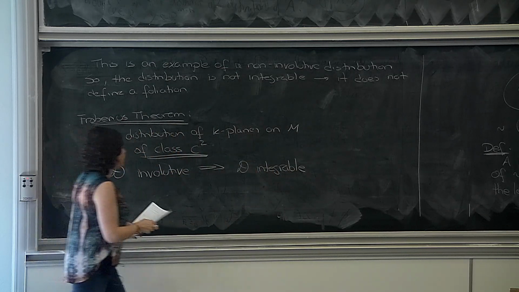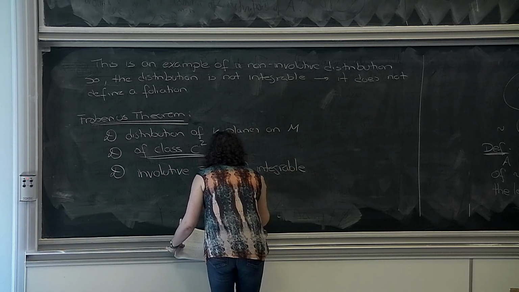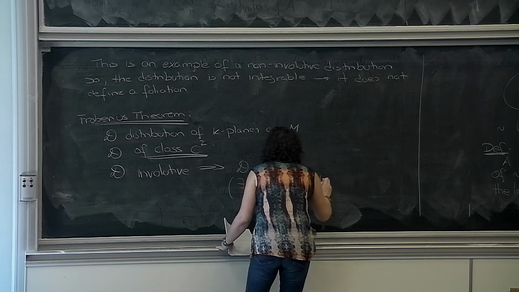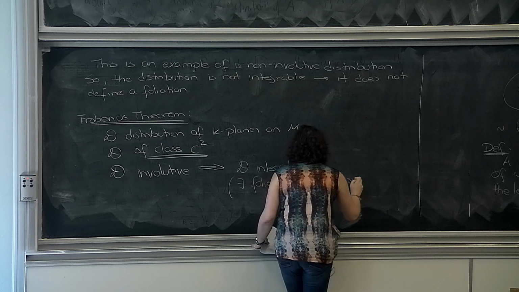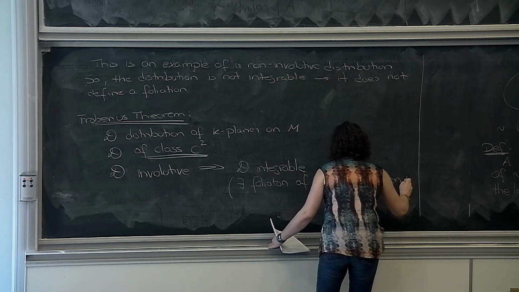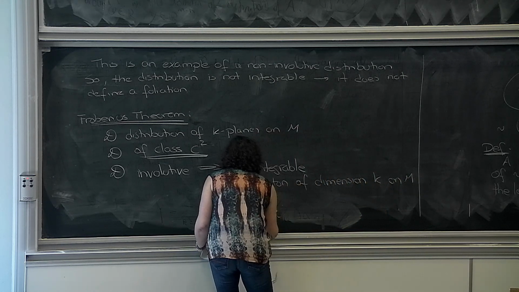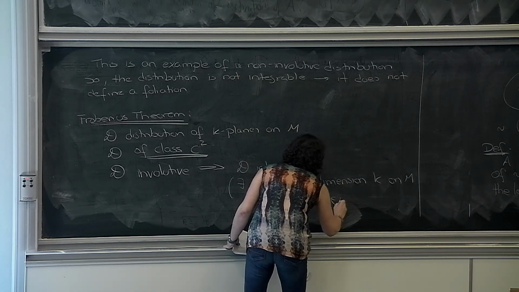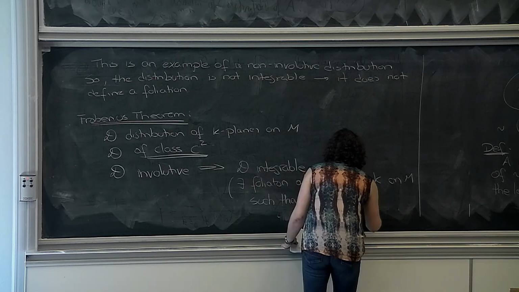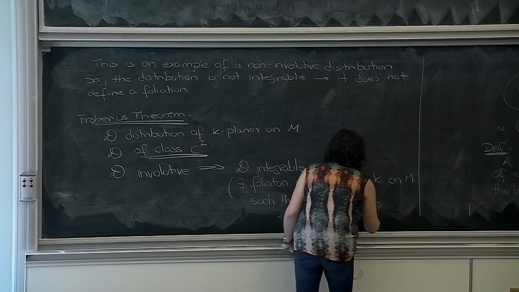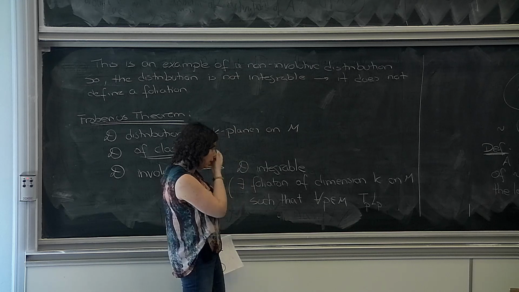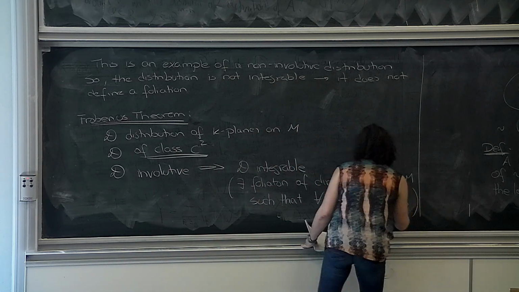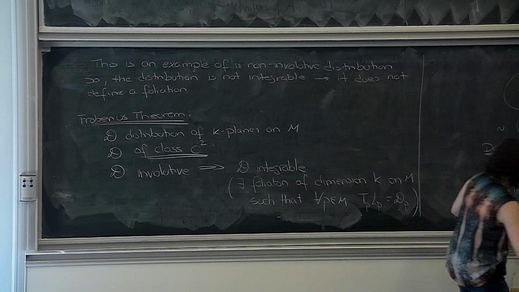Okay, which means that there exists a foliation of dimension k on M such that for every point P on M that we fix, the tangent space of the leaf passing through P at the point P coincides with the distribution at P. Okay?